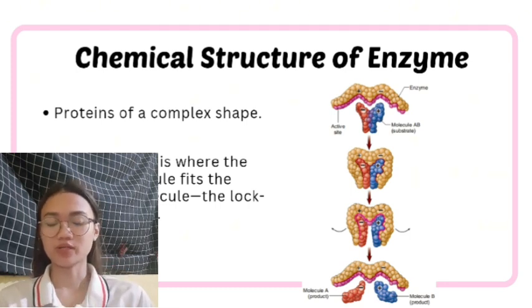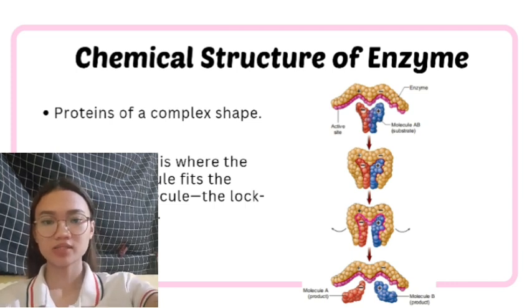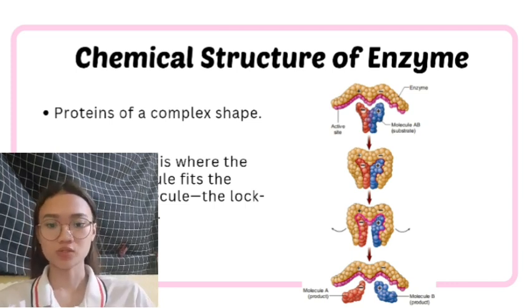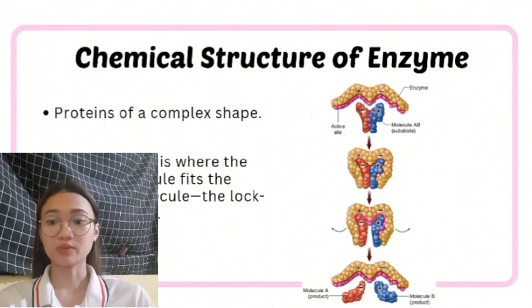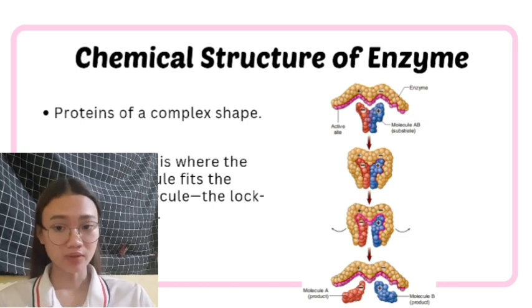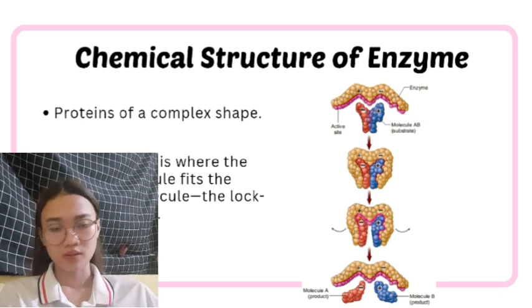Their shape is very intricate or komplikado and involves several levels of folding. So, kung makikita nyo dito, diba, napakadami niyang folding. So, sa enzyme is naglalaman ng protein component or tinatawag na cofactor, which can be inorganic, ion, or vitamin.